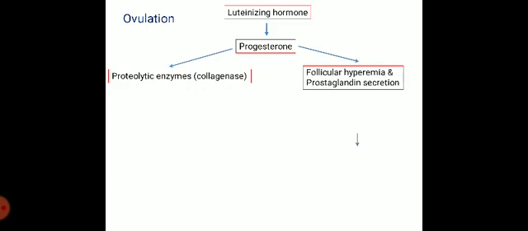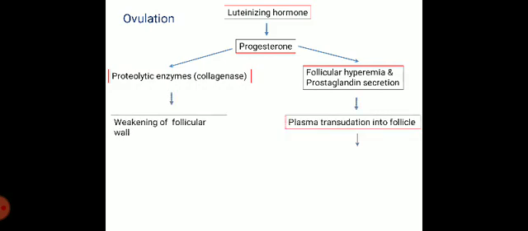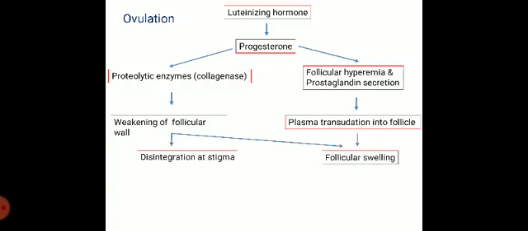The proteolytic enzymes cause follicular hyperemia and prostaglandin secretion. Then weakening of the follicular wall, plasma transudation into the follicles, disintegration at the stigma, follicular swelling, follicular rupture, and release of the ovum.